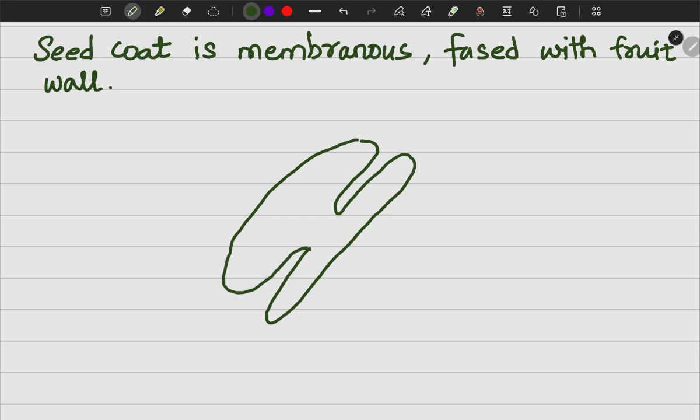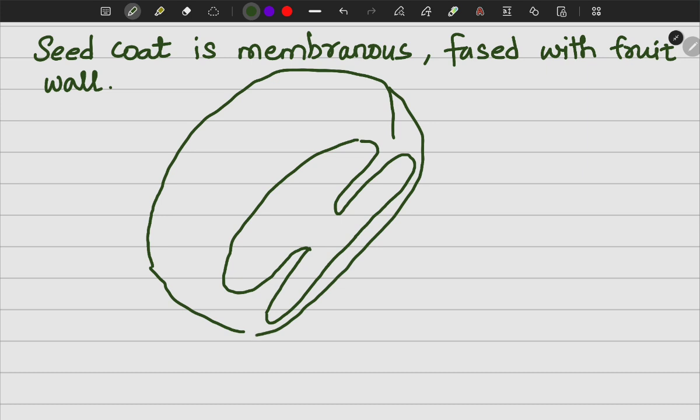And endosperm will be present because the endosperm is not entirely consumed by the developing embryo. So above this cotyledon we will have a layer of endosperm which is not consumed by the developing embryo.